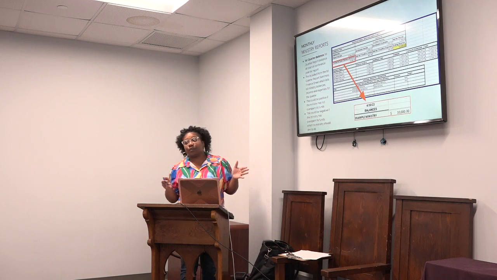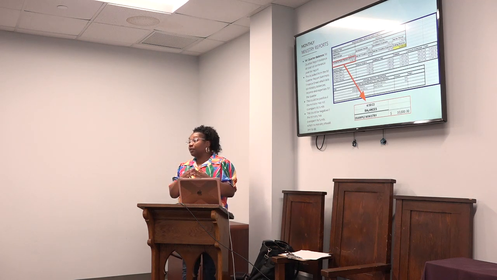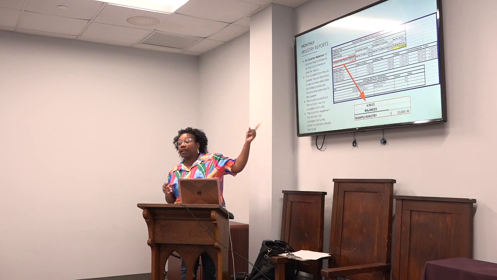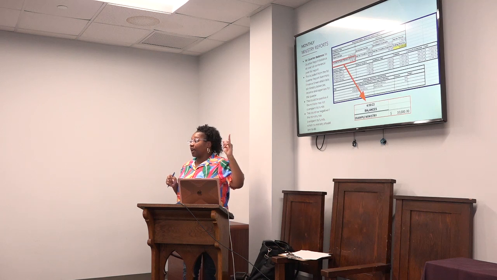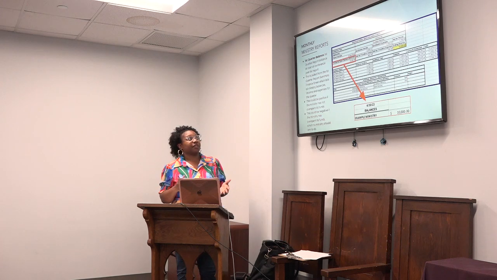As I stated, when we send out the monthly reports, it's going to be for the entire conference year, and it'll be a running total of what your balance is, based off whatever your starting balance was at the beginning of the conference year, and we'll continue to adjust based on your income and expenses throughout the year.